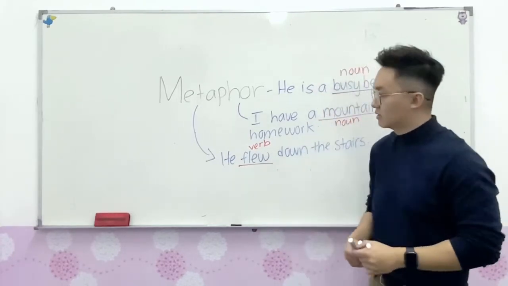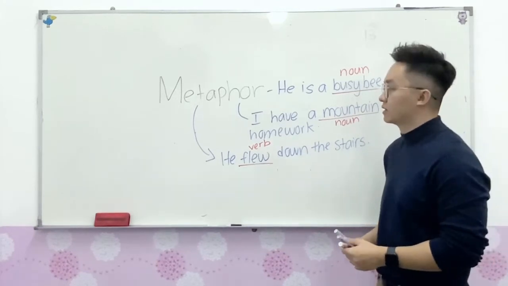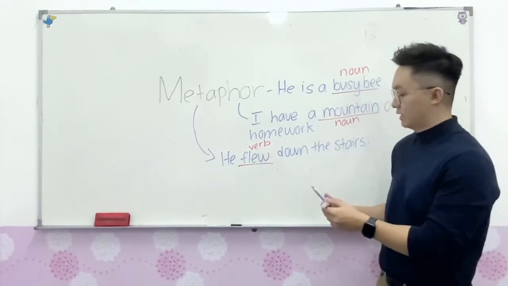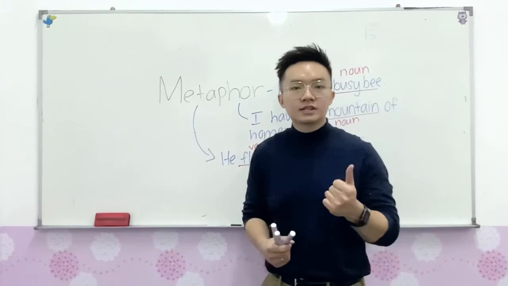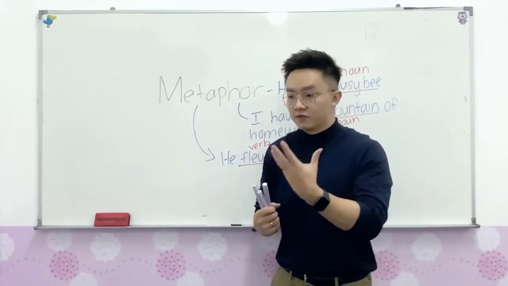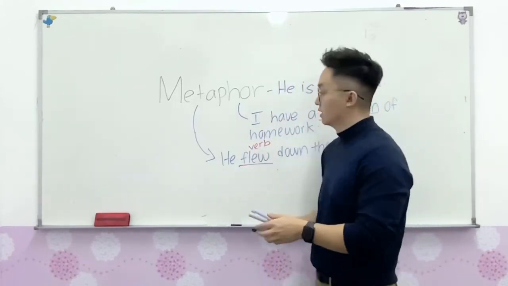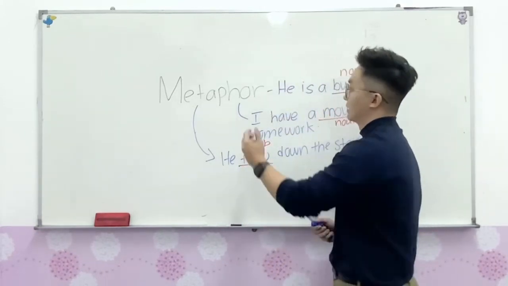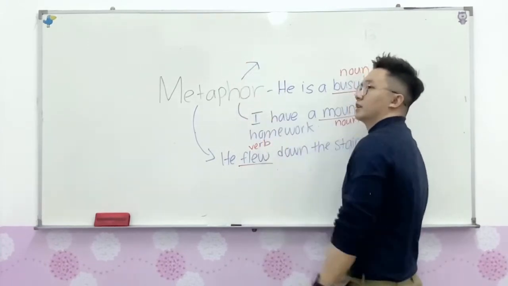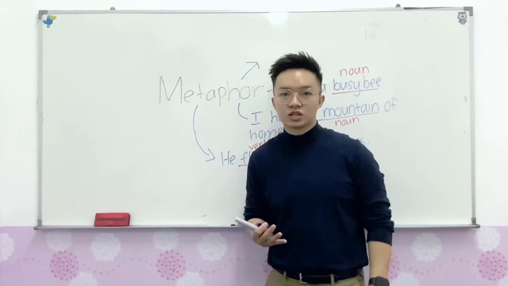It's very interesting. Let me make one more example using a prepositional phrase. A prepositional phrase is basically when you add prepositions and a few words combined together. Let's say my career is in danger.